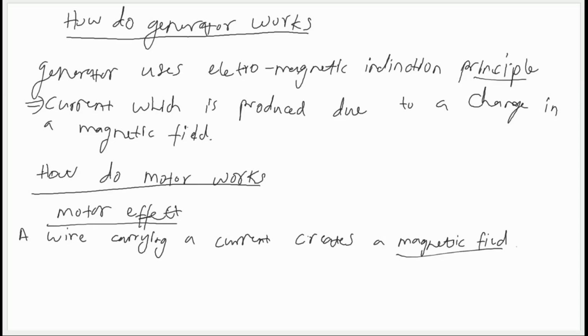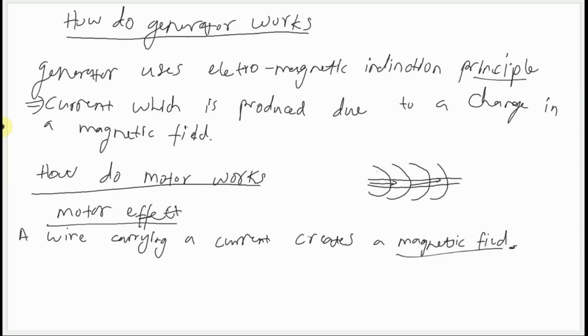You remember when we have a normal wire which has a current running through it, we basically have a magnetic field produced around this wire. As the electric current is running through this wire, a magnetic field is generated around the wire. So hence when we have a wire which is carrying a current, a magnetic field will be created.